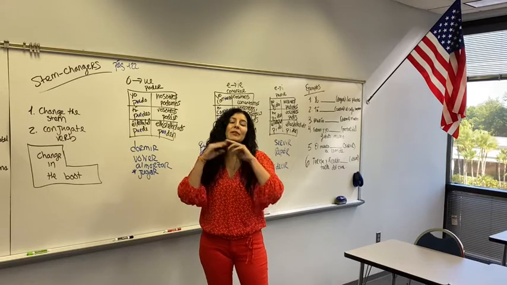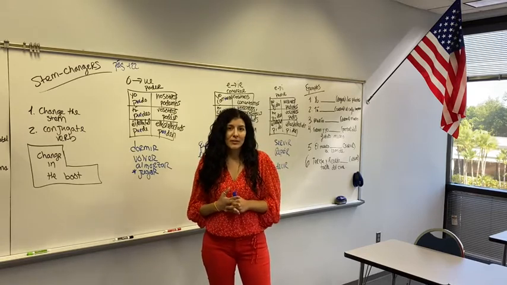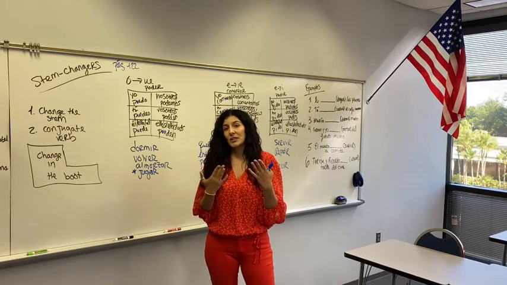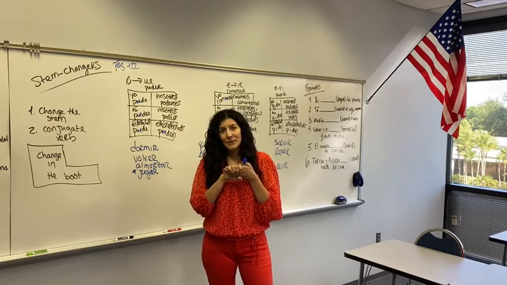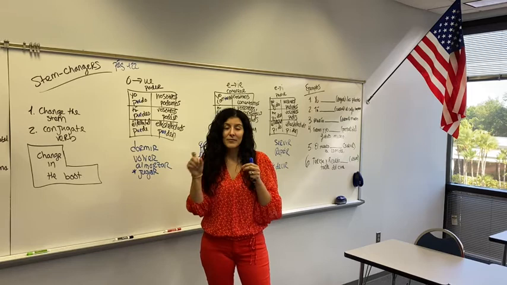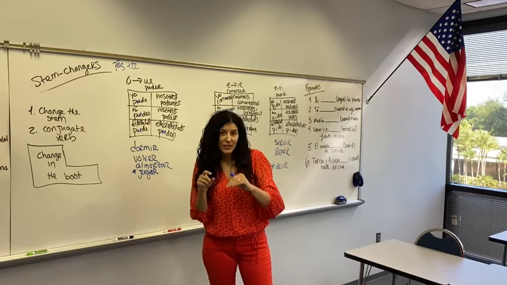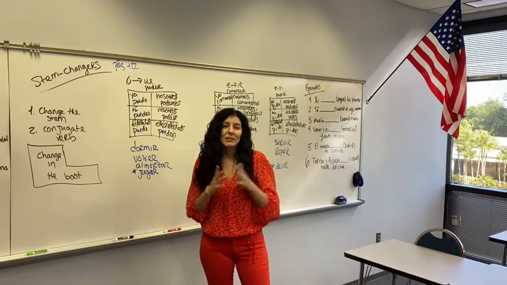When we talked about irregular yo verbs, we learned that the yo form would change, but the rest of the verb operated under a regular pattern: take off whatever the ending is and add on the new ending based on the time and also on the subject.